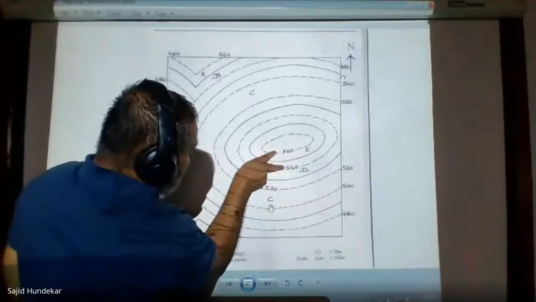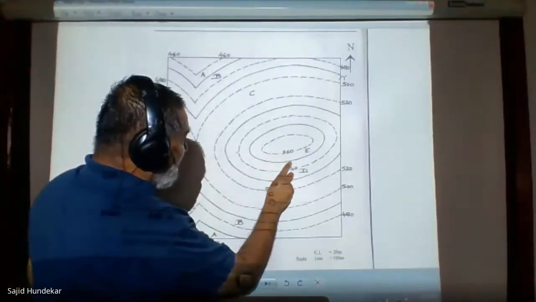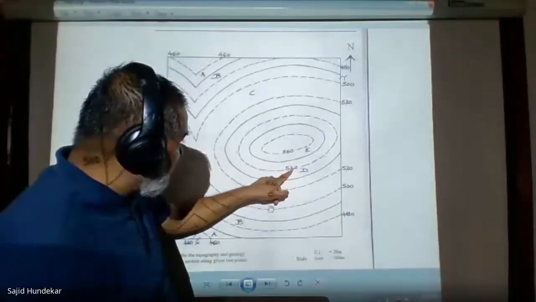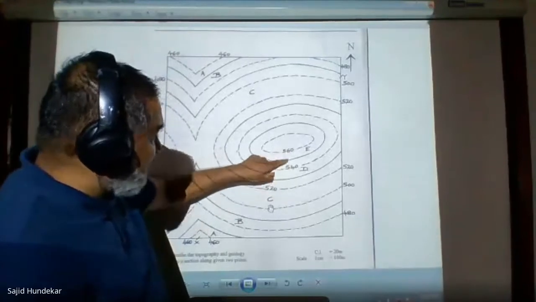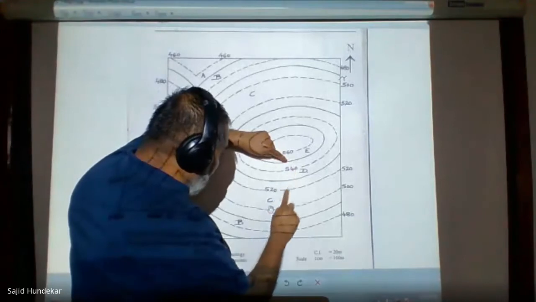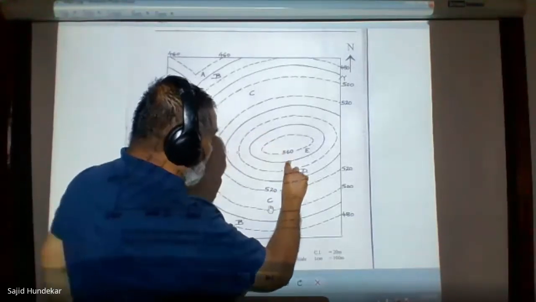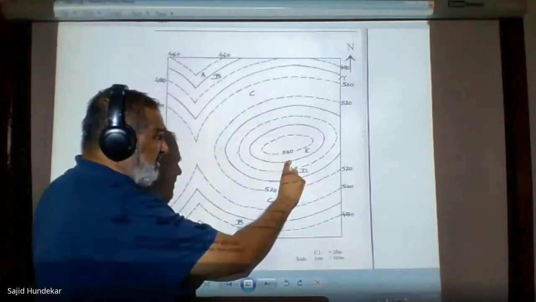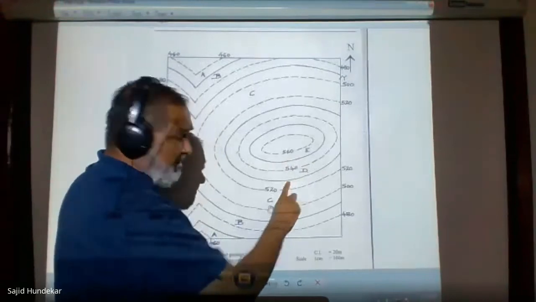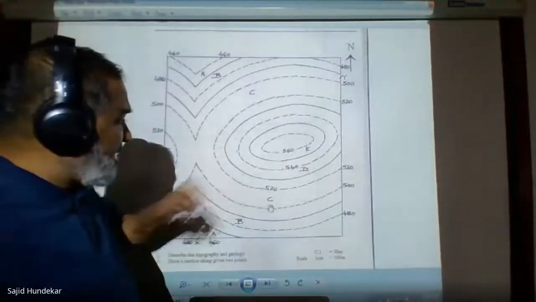If you make this exactly half, here we got 550 meters. Now come here. What will be this one? 540, and here we have 520, so here it will be 530. So 530 and 550. The difference between 550 and 530 is 20 meters. So the thickness of the D bed is 20 meters.